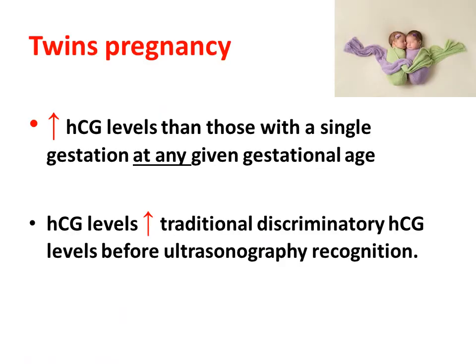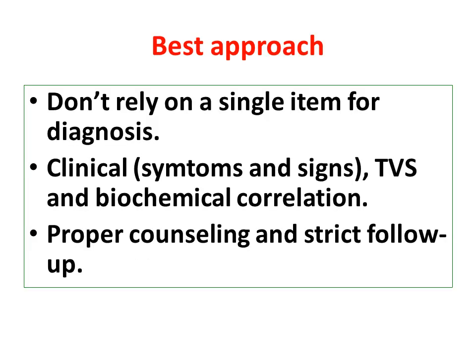And again, in twin pregnancy, the level of beta HCG is higher than in singleton pregnancy at any gestational age. So the beta HCG increases above traditional discriminatory levels before ultrasonographic recognition, which means that you can see a very high level of beta HCG without seeing the gestational sacs of the twins. So don't be heroic in diagnosing ectopic pregnancy in such a case.